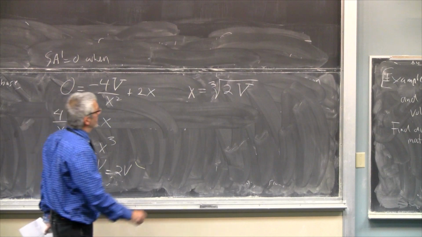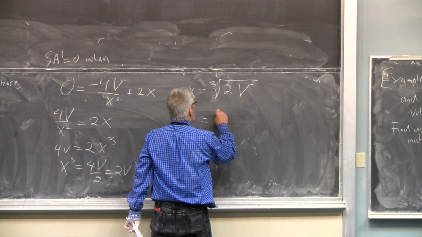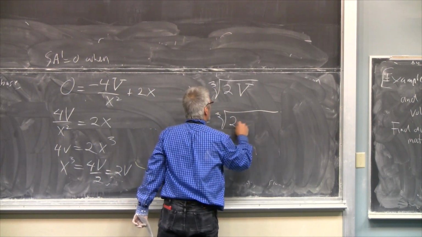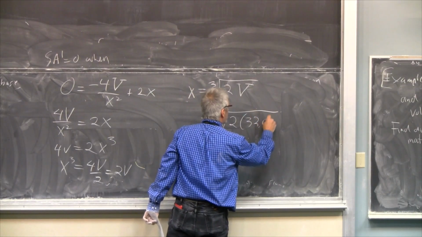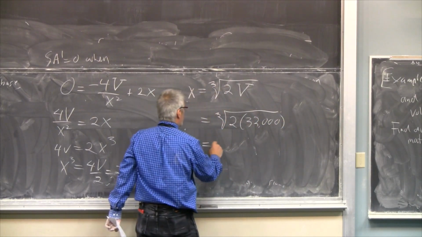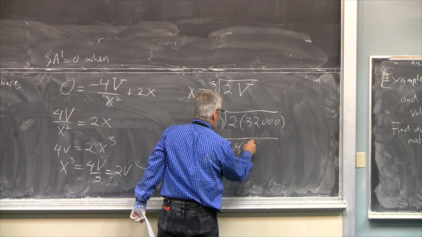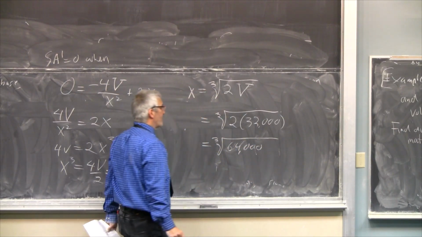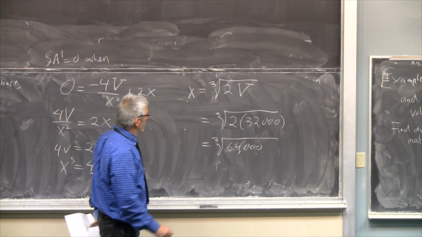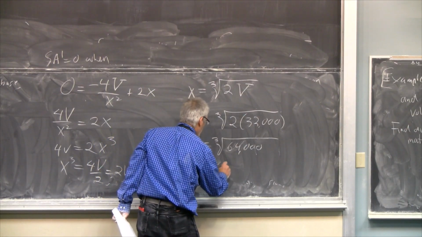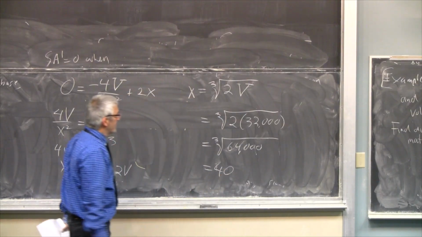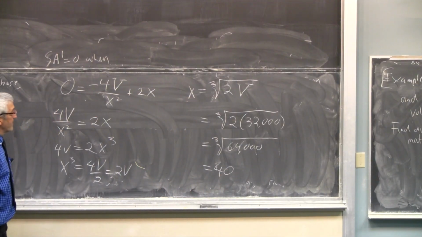Well, now we can plug in the numbers. The cube root of 2 times 32,000. Oh, so that's the cube root of 64,000. Well, the cube root of 64 is 4, so this is going to be 40. 4 cubed is 64, 40 cubed is 64 with 3 zeros.